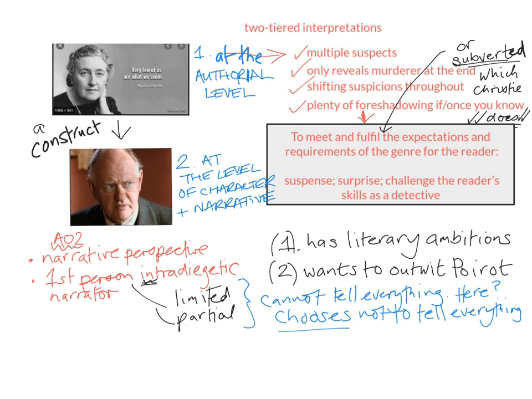So from that point of view, it is very effective in terms of being limited and partial. We are only able to see what Dr. James Shepherd affords us and tells us and sees. Maybe more importantly, doesn't tell us.